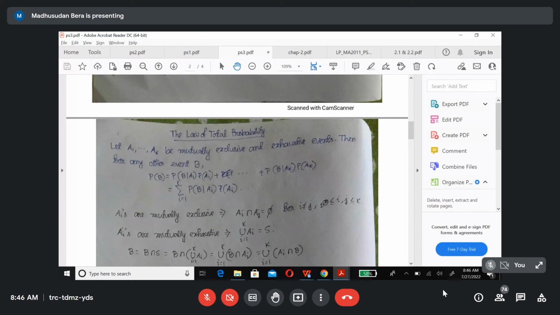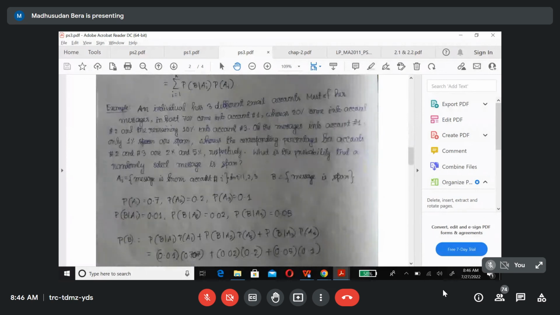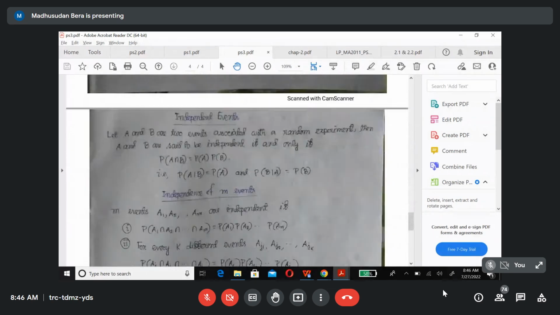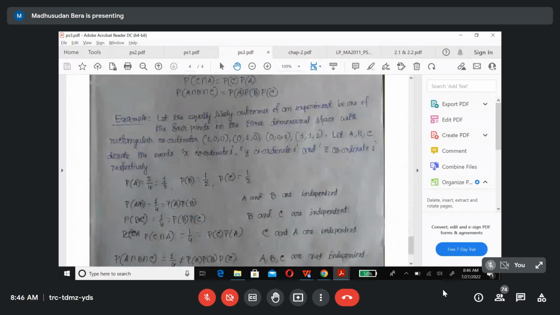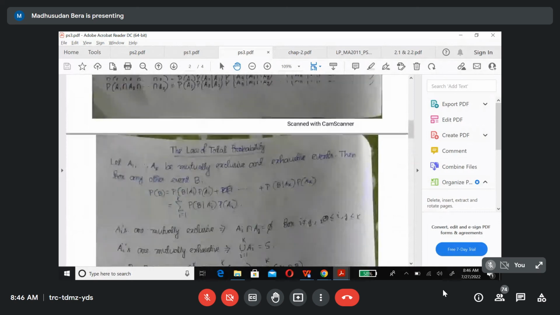Then one thing is there, the total law of probability. So total law of probability, Bayes theorem, and independence and dependence of events. What is the total law of probability?